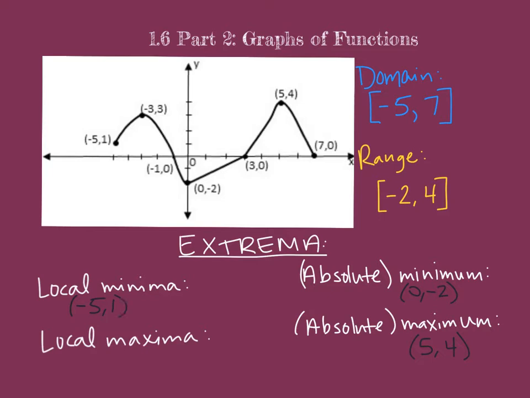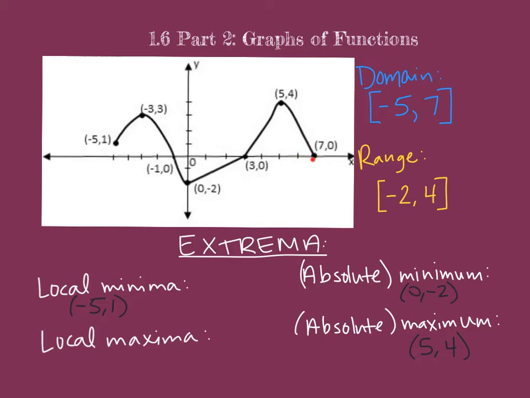Let's see if there are more. As we go across the graph, this is the absolute minimum, so we don't need to include it in local. This might seem like it would work. However, immediately next to it, there are points lower than 3, 0. So we can't include this in a local min. If we keep going, we can see that the other endpoint is actually a local minimum because everywhere directly around it, everything's taller than it.